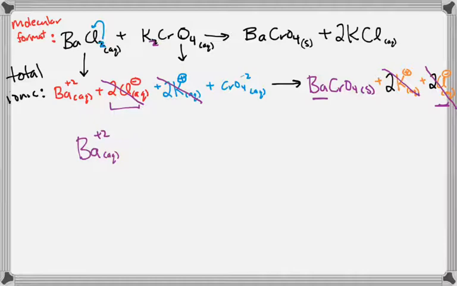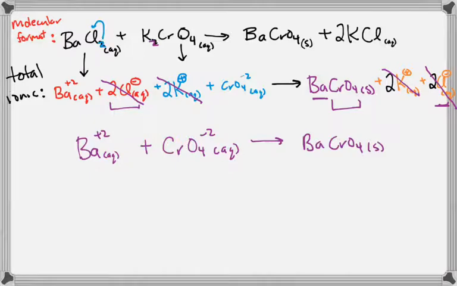The last one on my reactant side, I have chromate, our CrO4 minus 2. I do see CrO4 on the product side, but it's not CrO4 minus 2 aqueous. It's bound to the barium, which means I can now write that on my lower line. This can now go to the product of barium chromate, BaCrO4 solid.